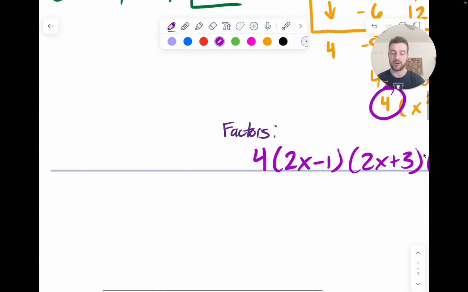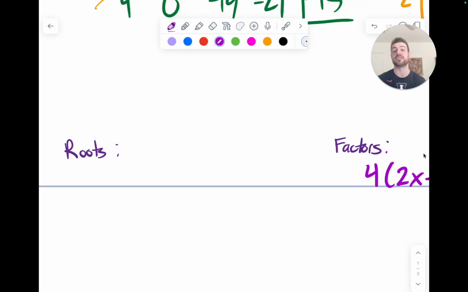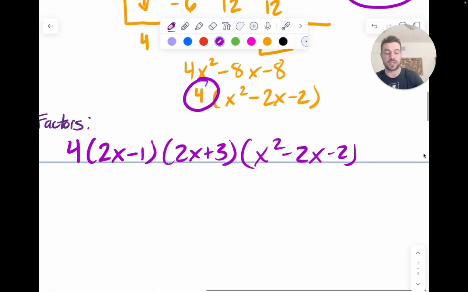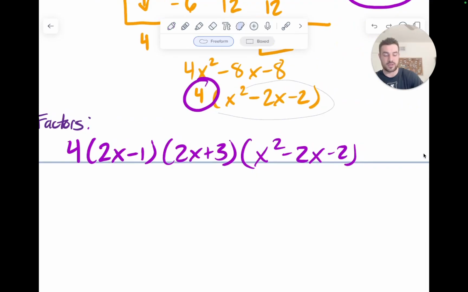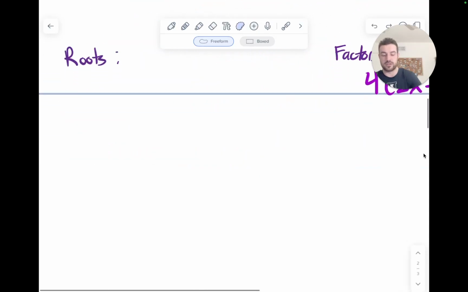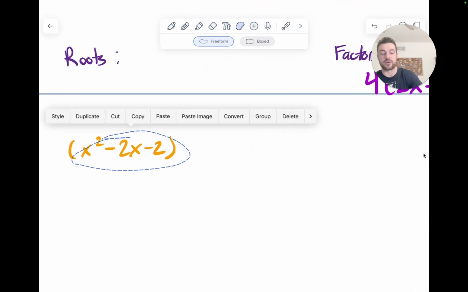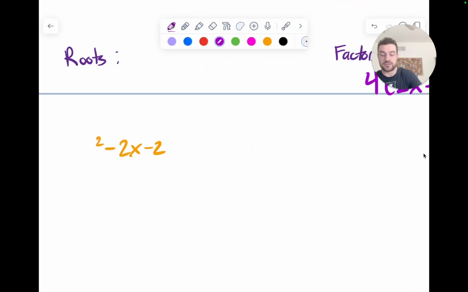But we got to remember that I also want to find my roots or my solutions. So I actually am going to want to solve this quadratic over here. So what I'm going to do is I will copy this and I'll paste it over here so we can find our other solutions. So because this is a quadratic, I can try to factor, which we've already done.